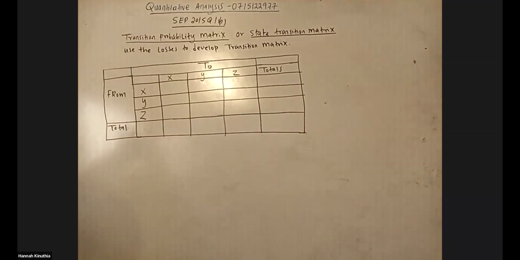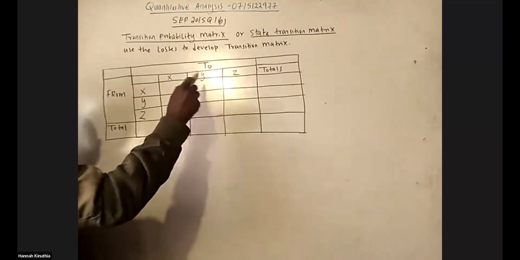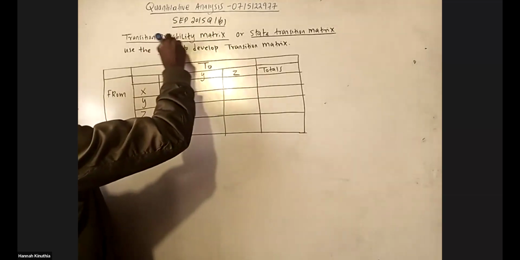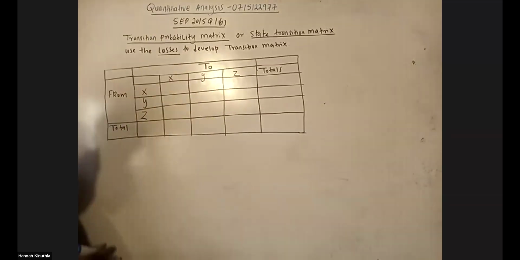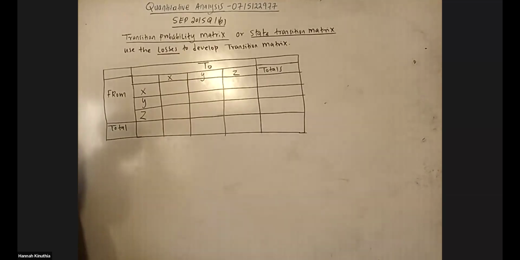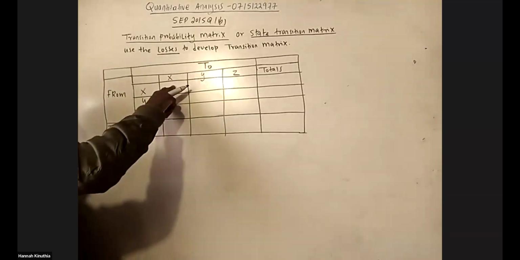So tuko na X kwa losses. Unaenda kwa loss. Tumesema tunatumia losses. Kwa hiyo table yetu kuna we have the gain and we have the loss. Ukiangalia kwa flow of clients, you have the gain from and you have losses too. Tuko na X. Do you have any figure in X?